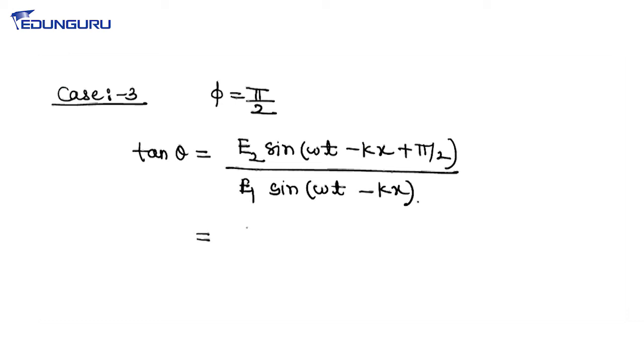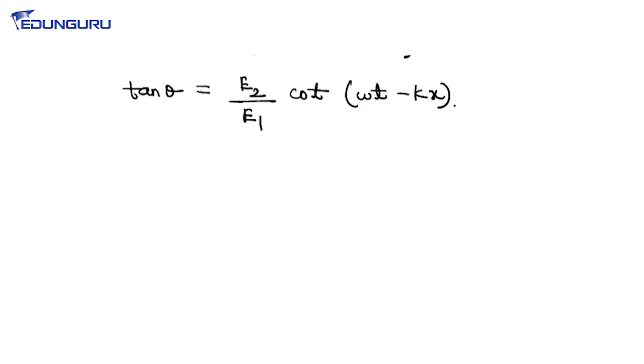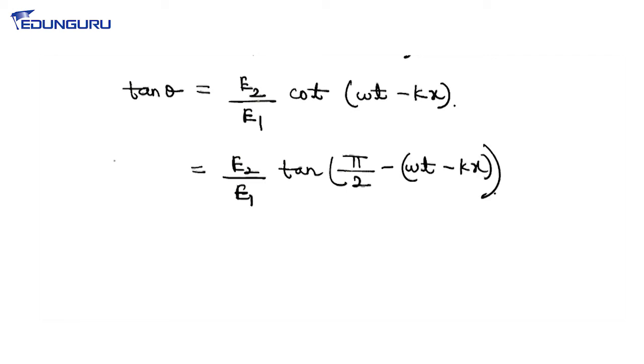Now this is equal to E2 by E1 cot of omega t minus kx. This is tan theta. Or we can write it as E2 upon E1 tan of pi by 2 minus omega t minus kx. This is tan theta.